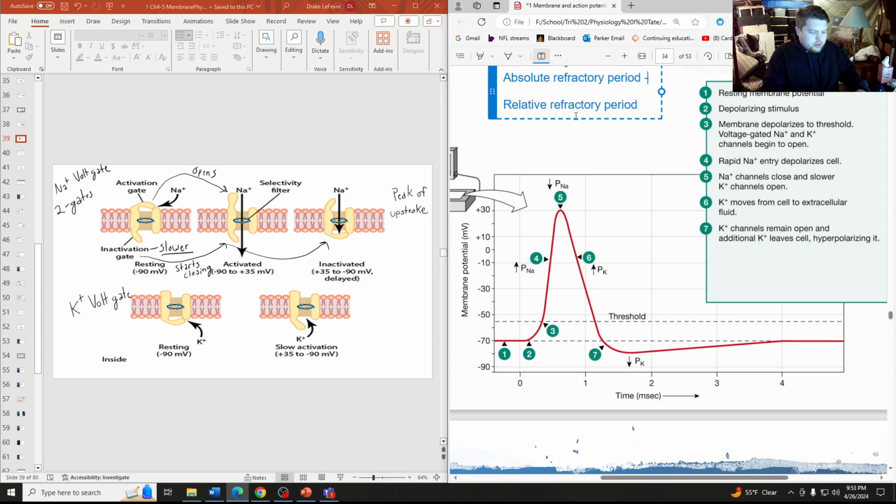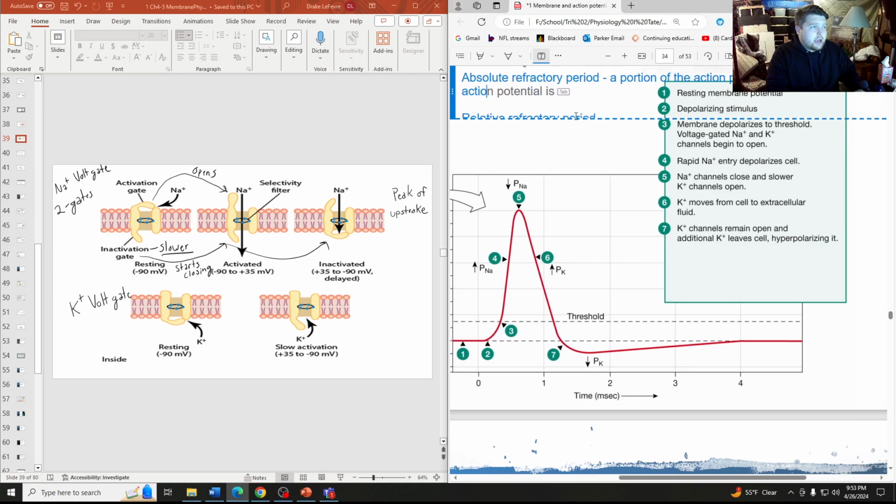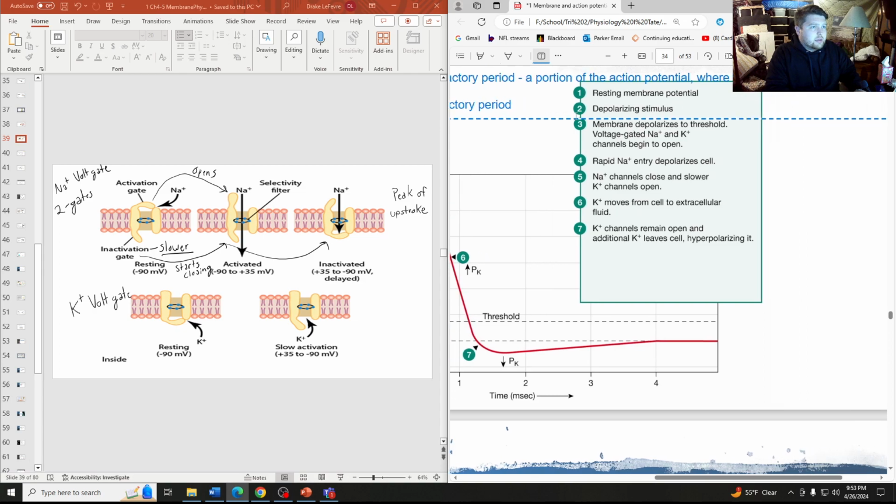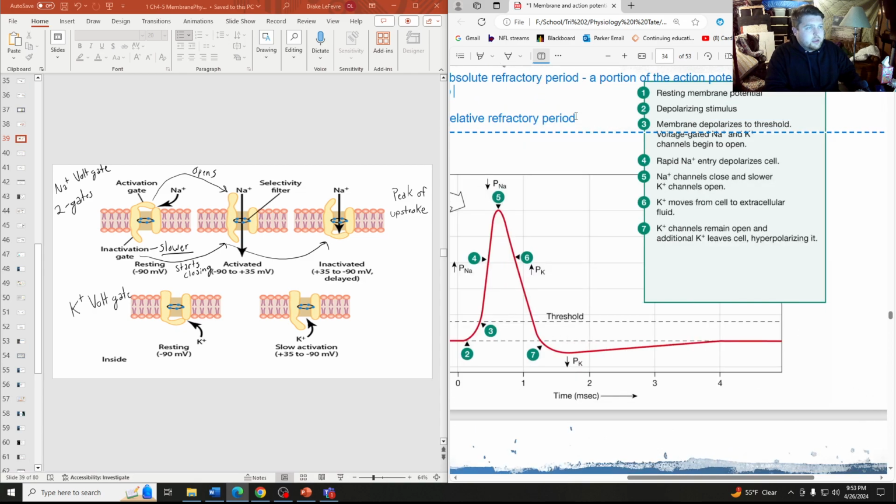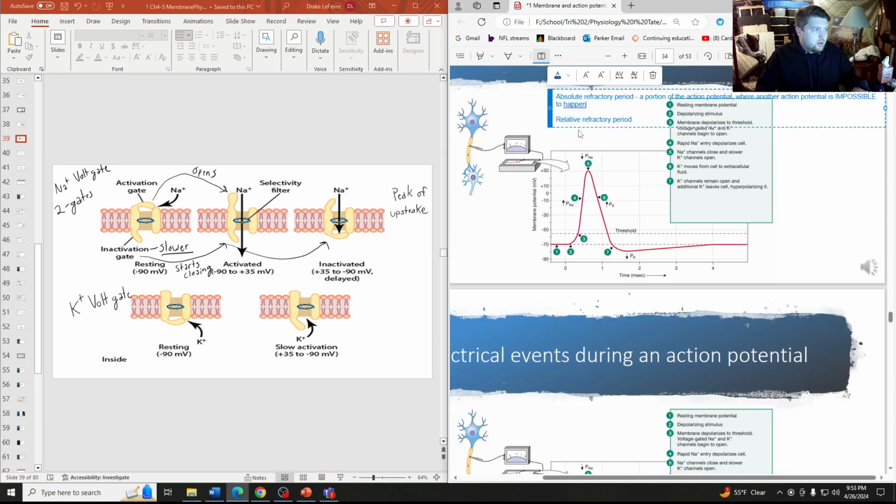This is a portion of the action potential where another action potential is impossible to happen. In the relative refractory period, an action potential may happen, but it will require a much larger stimulus to reach threshold.